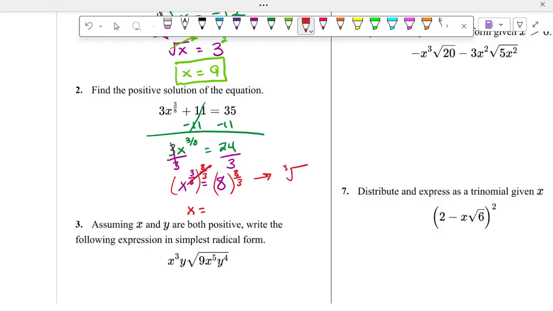You take the cube root of 8, and then you raise it to the 8th power. What's the cube root of 8? 2. If I raise it to the 8th power, what do you think? 256. So x is equal to 256.